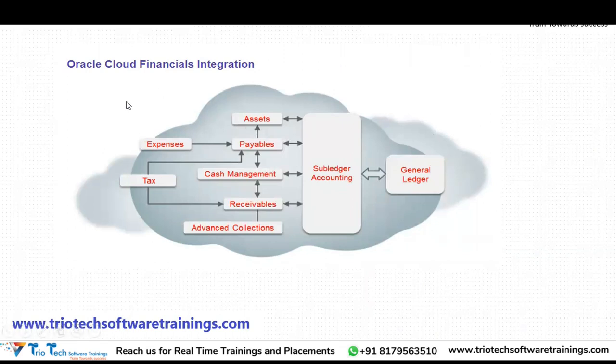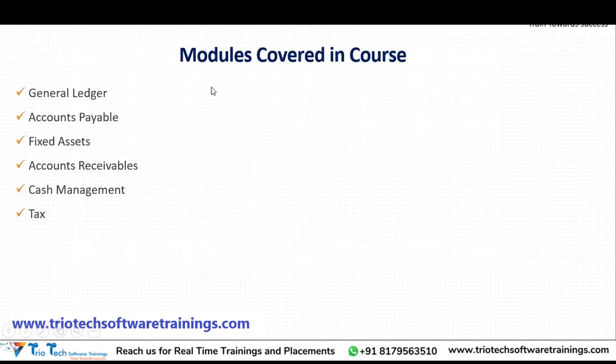For all the transactions that happen, accounting gets generated and then transferred to the general ledger application, from where the entire financial reporting is generated. This is just a framework I wanted to help you understand on how the integrations work in the Oracle Fusion applications.